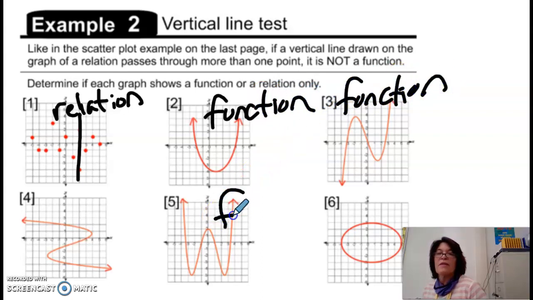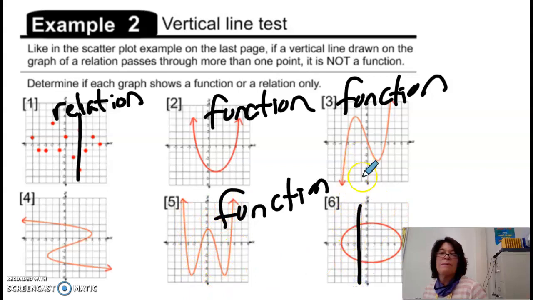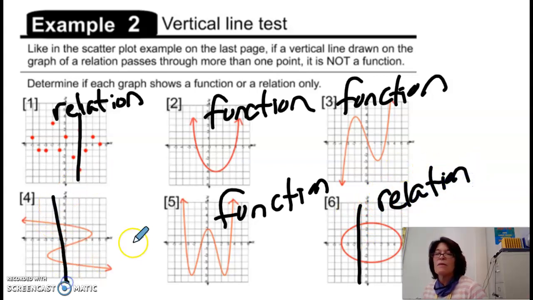Number 5 was a function. Okay, 2, 3, and 5 were fine. I can't drop a vertical line and hit two places. But number 6 is a relation only. And number 4, I know that's not vertical, but you have the point. That's a function. I mean, not a function. Good grief. Hey, just kidding.